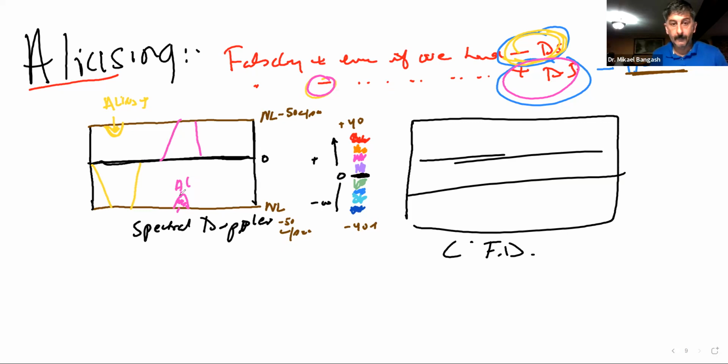Now, if that was the case, say we had a blood vessel being scanned using a color Doppler mode.